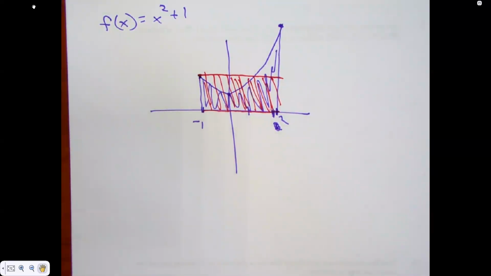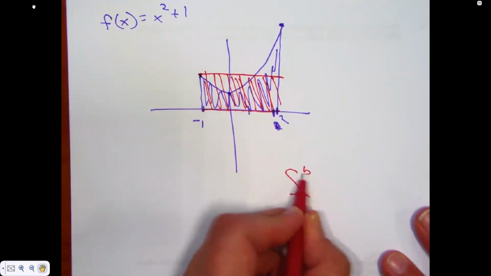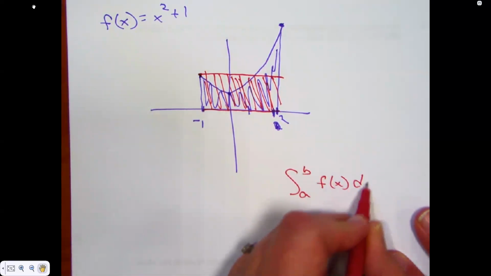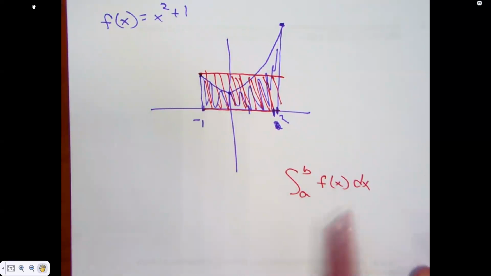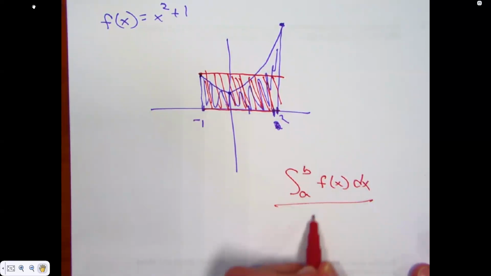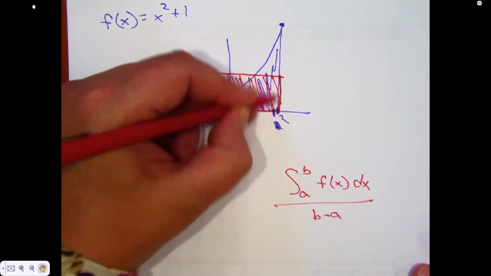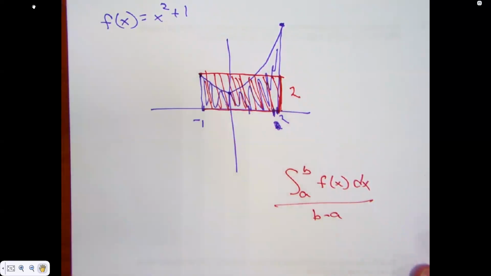The purple area and the red rectangle are equal. Because remember, we took the purple area and we divided it by our width. That was our b minus a. And that gives us this average height of 2.